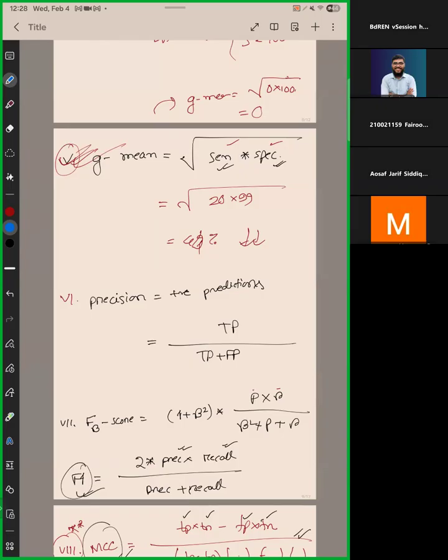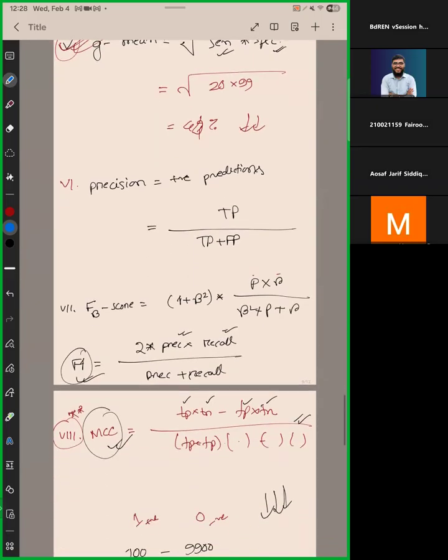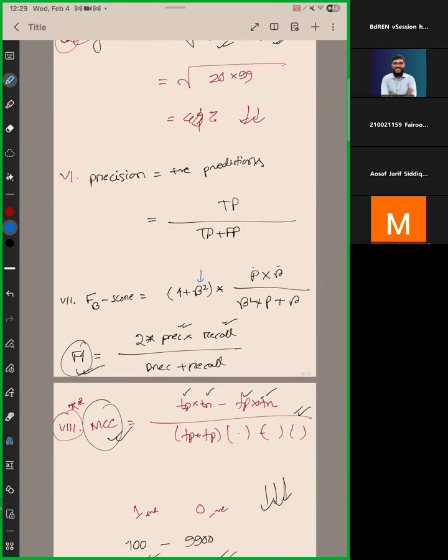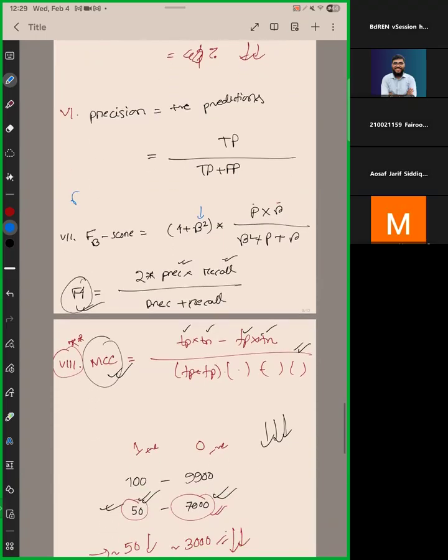Sir, what were you saying about beta here? Beta is a factor, a multiplication factor. Think of it like this. If beta equals 1, this is called F1 score.